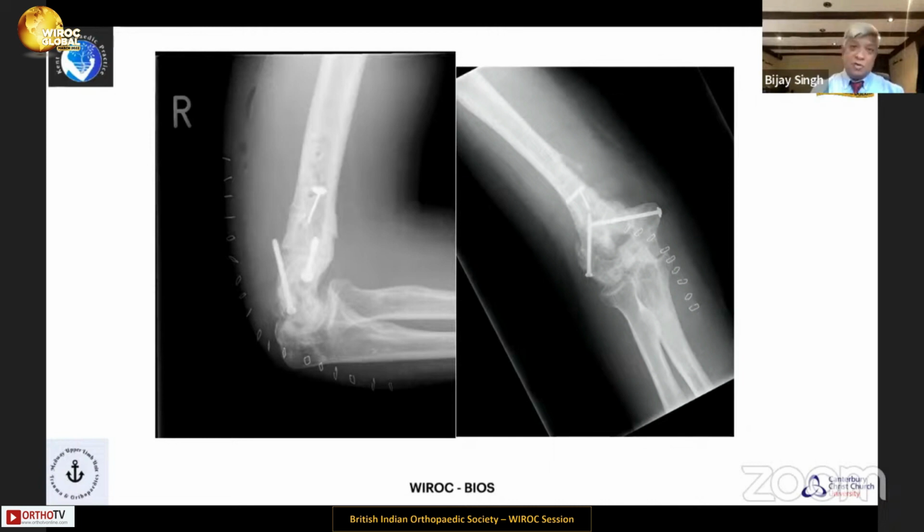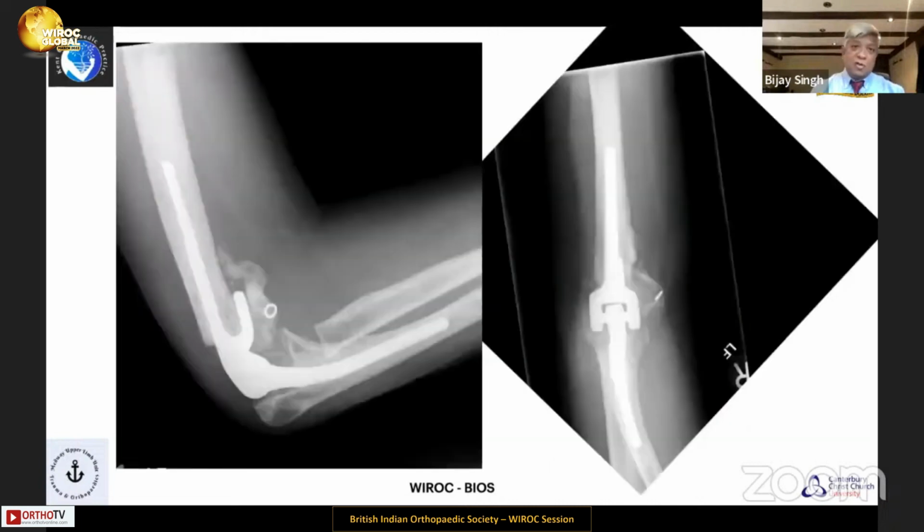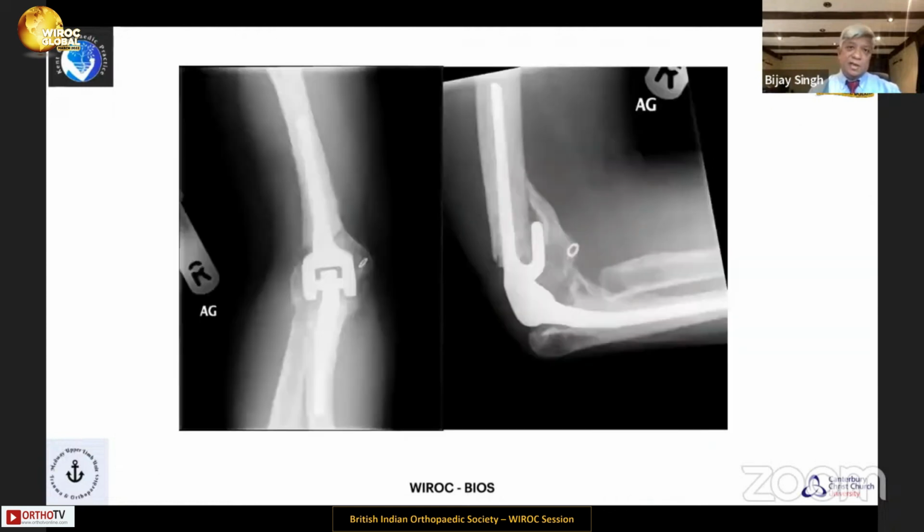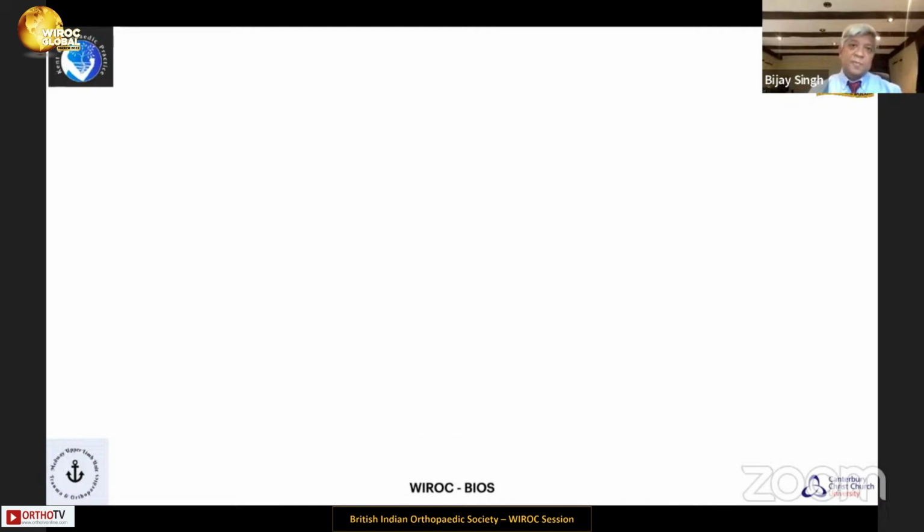This is about 10 years ago, where the patient ended up having an elbow replacement as he developed degenerative changes. But this was complicated with the appearance of heterotopic ossification. And these are his images 6 years down the line after the elbow replacement. So again, what looked like a simple fracture caused more problems.